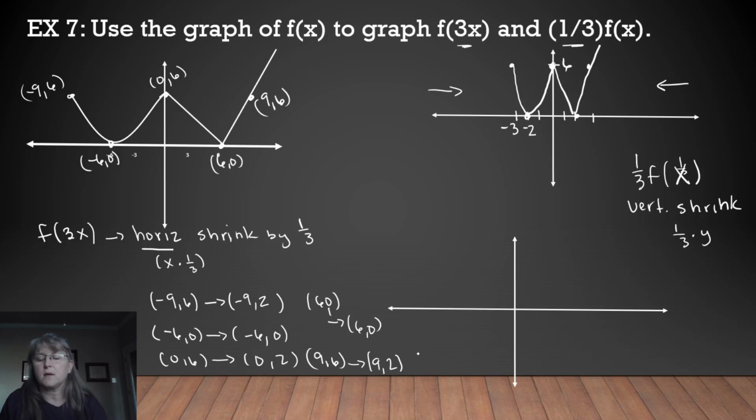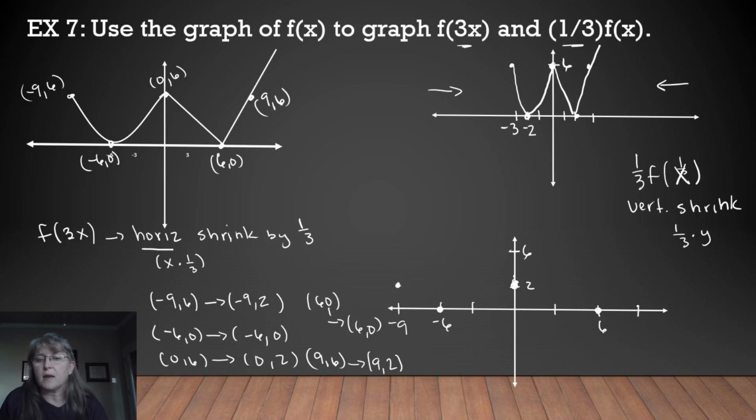So I'm going to divide each of the y values by 3. And when I plot those points, I have to go all the way out here to -9, still at 6, not at 6, at 2. Okay, at -6, I'll be 0. At 0, I'll be at 2. At 6, I'll be at 0.